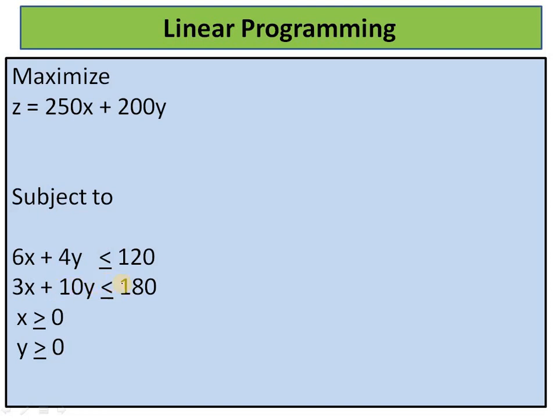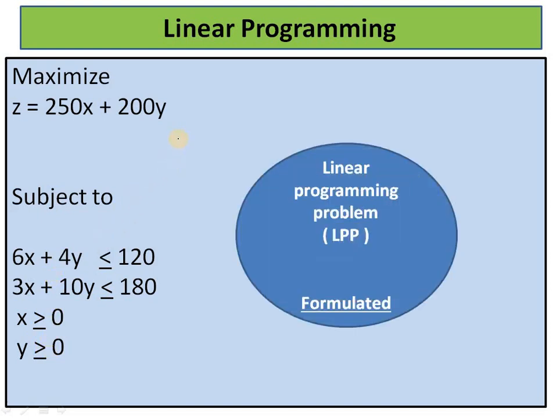X is greater than or equal to 0. Y is greater than or equal to 0. This we have formulated, not solved. Now solving means we will have to do the calculations and graph so that we find the values of X and Y. Understood?